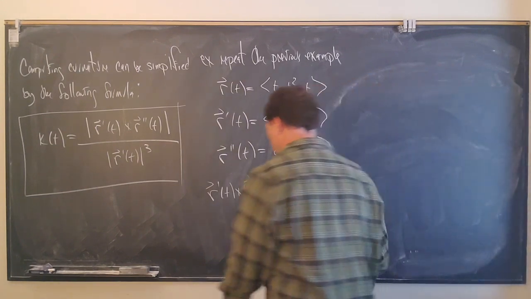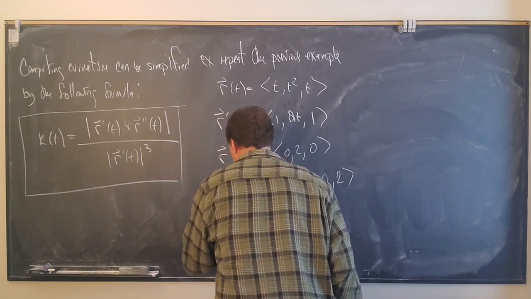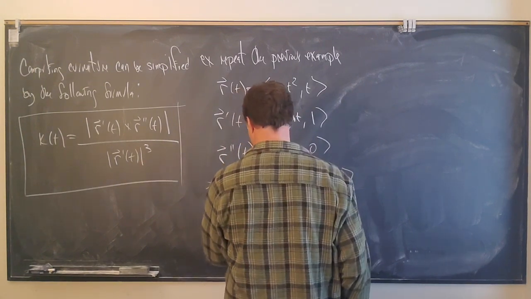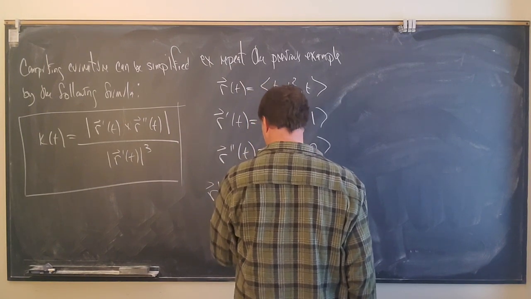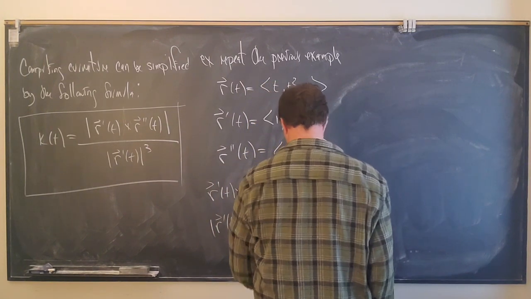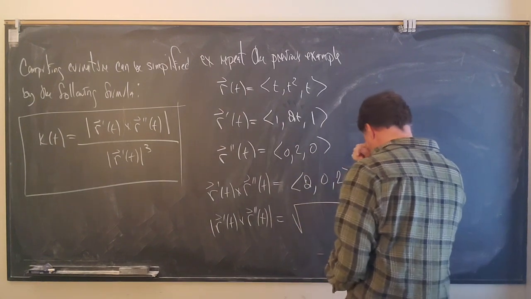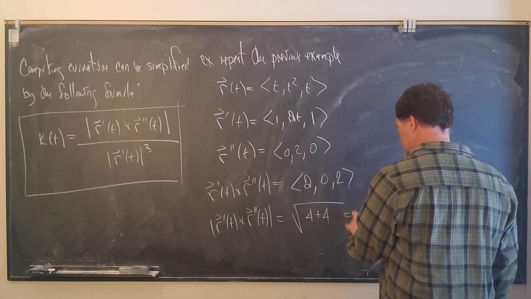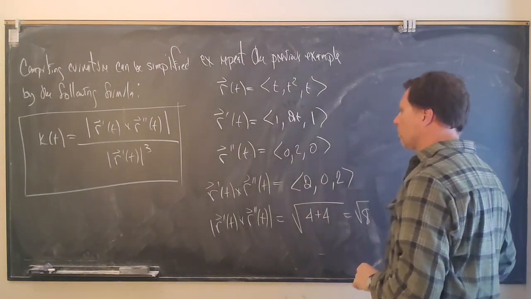The magnitude of r prime of t cross r double prime of t is going to be the square root of 4 plus 4, so that's the square root of 8.